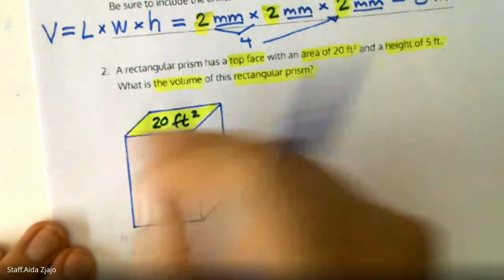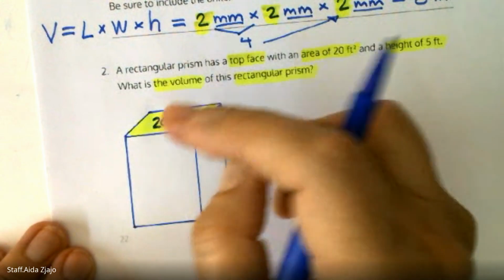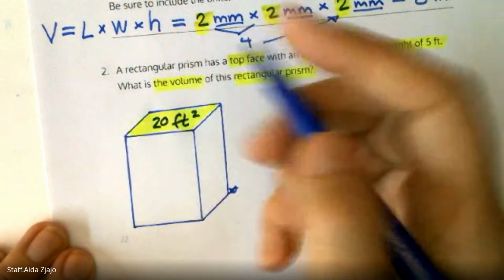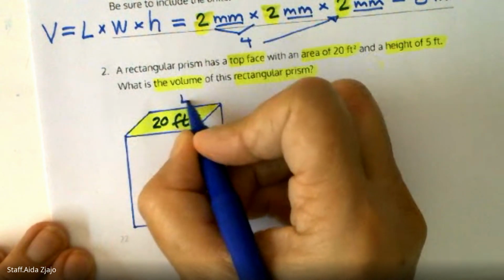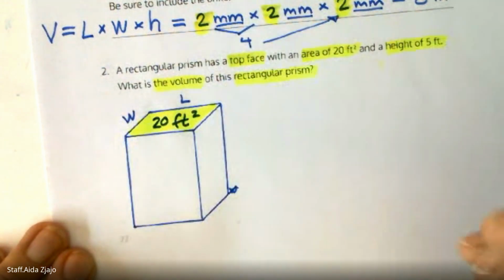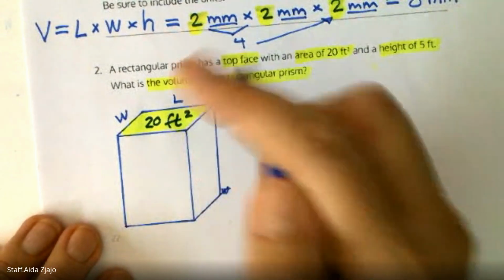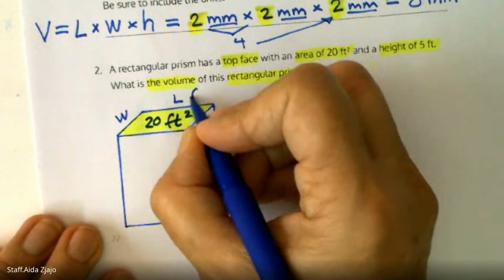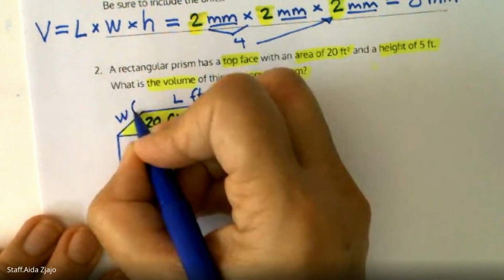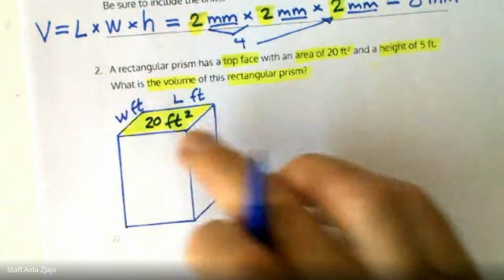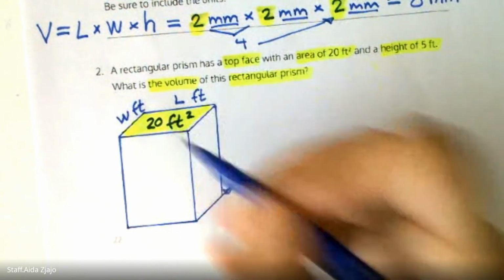It could be 4 times 5 or 2 times 10 or 1 times 20, anything where you have a length and width that you multiply and get 20 feet squared. This is also feet times feet, which means feet times feet is square feet.